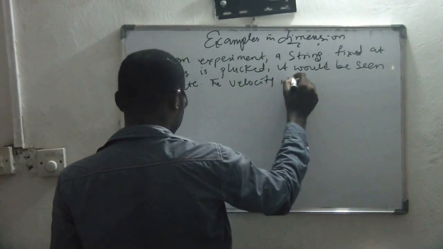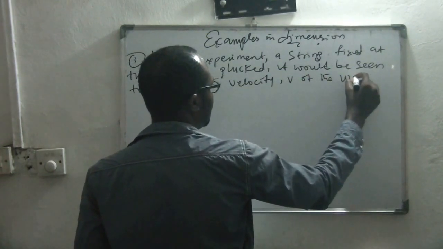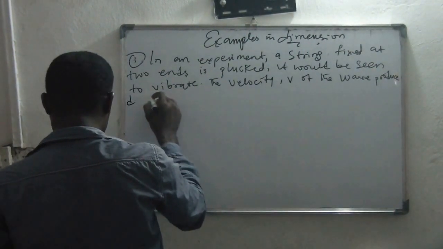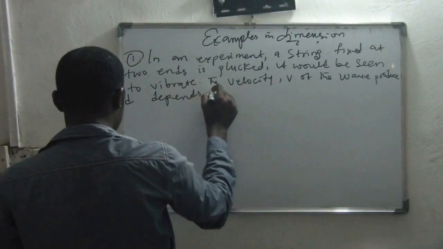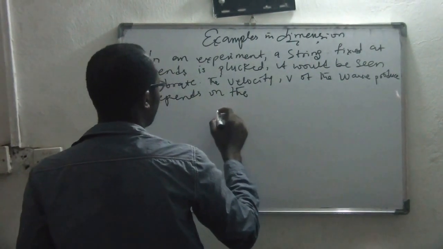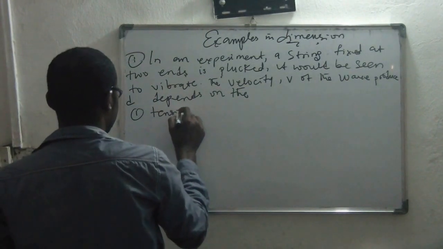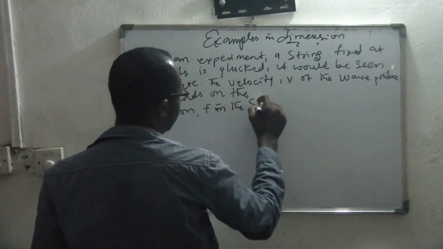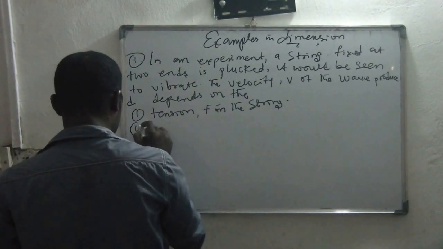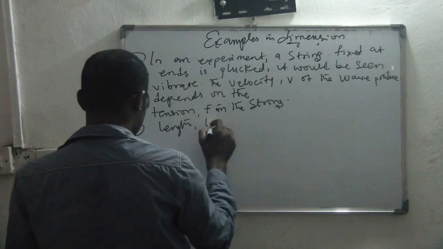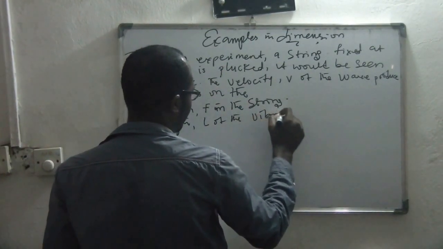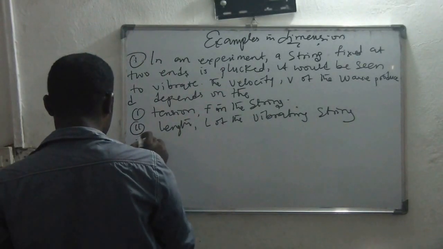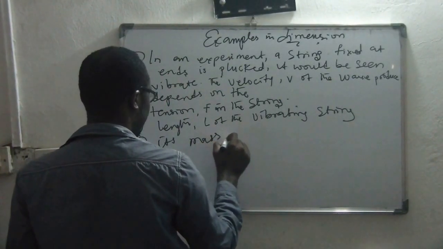The velocity v of the wave produced depends on: one, the tension F in the string; two, the length L of the vibrating string; and number three, the mass M.